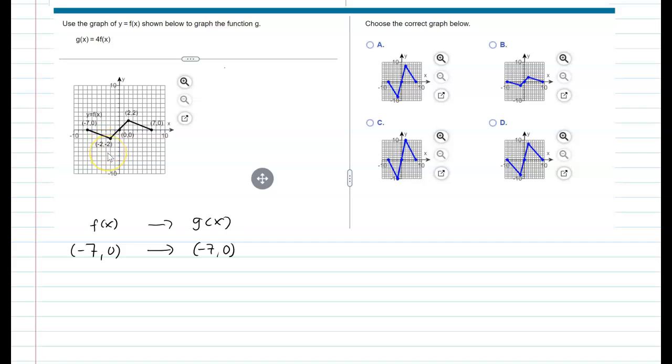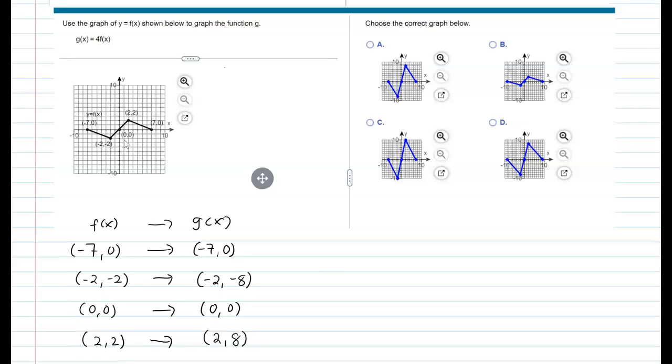Then this negative 2 will go to negative 2, negative 8. Multiply the y-coordinate by 4. Then 0, 0 will still be 0, 0. Then 2, 2, again multiply the y-coordinate by 4, so it's 2, 8.